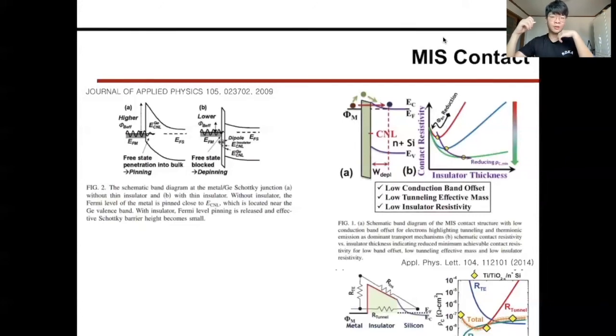However, using very thin insulators, carriers are assisted by the oxide energy gap, so they can be more easily transported. So it lowers the contact resistance.